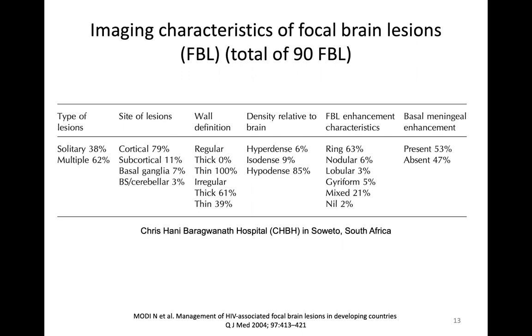When we say it's nodular, it's like a solid thing that is enhancing. The gyriform is when it follows the pattern of the gyri. Then hyperdense and hypodense: when it is high, we say it's hyperdense. I don't know whether that makes sense.